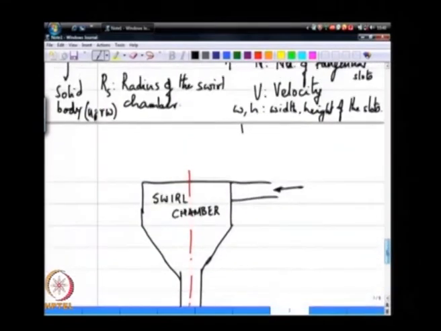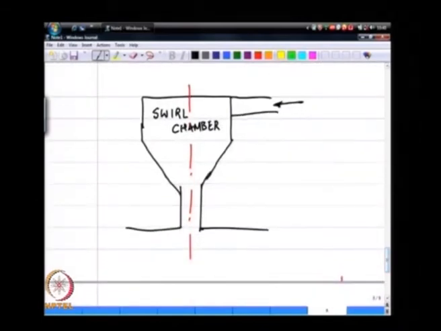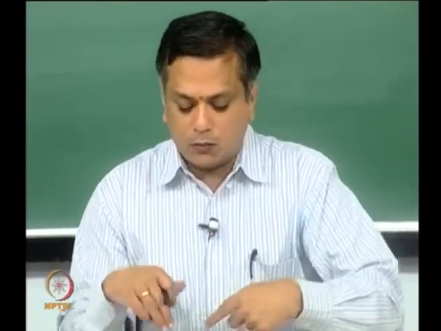So, if I were to draw a control volume around this part, and do an angular momentum balance on this, because we are looking at an inviscid flow, the walls are not exerting any kind of a torque on the fluid. So, whatever angular momentum comes in is exiting from the bottom. Okay.